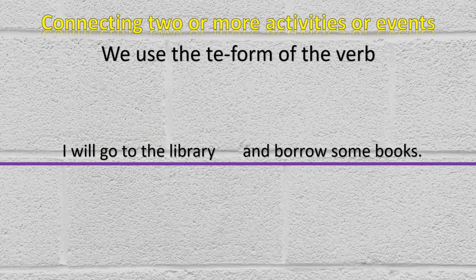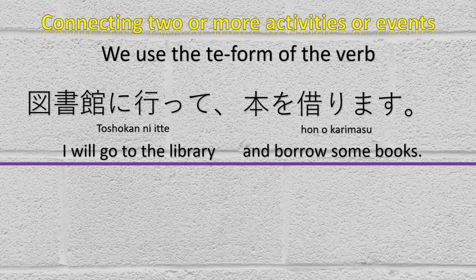Another example, I will go to the library and borrow some books. Toshokan ni itte hon o karimasu. Now, because karimasu, borrow, is in the present tense, it follows that the verb itte is also in the present tense.